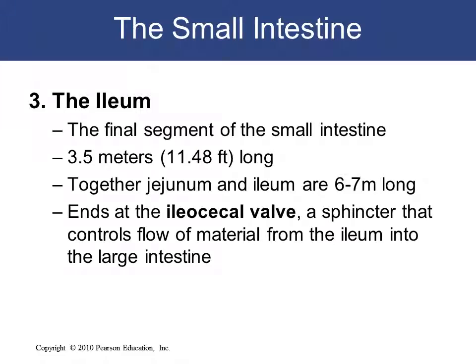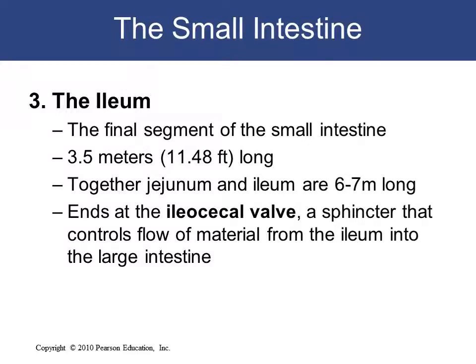The ileum is the final segment of the small intestine, and it ends at the ileocecal junction, which is the union of the terminal ileum and the cecum. The ileum on its own is about 3.5 meters long. So together, the jejunum and ileum are about 6 to 7 meters long.